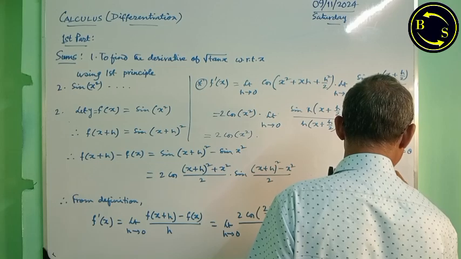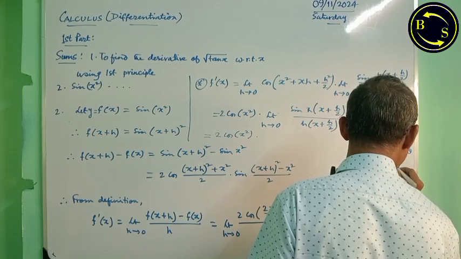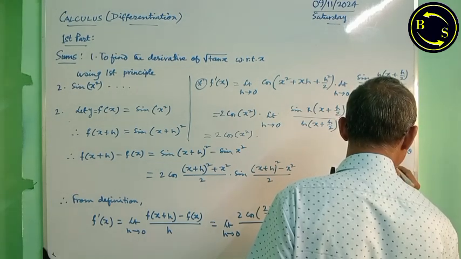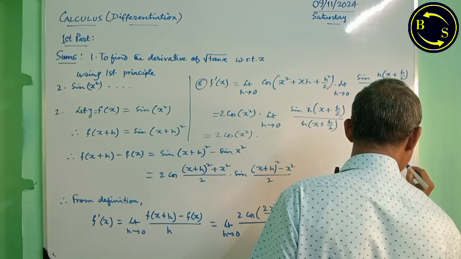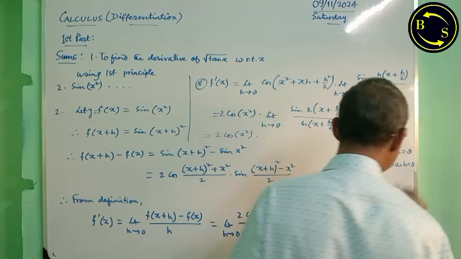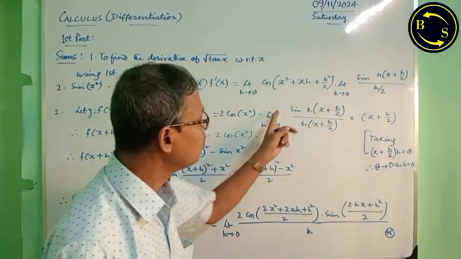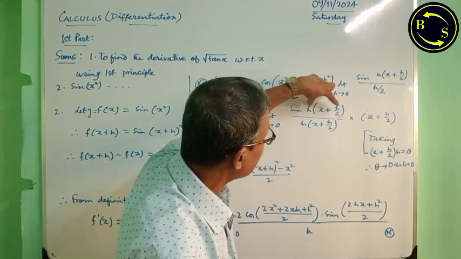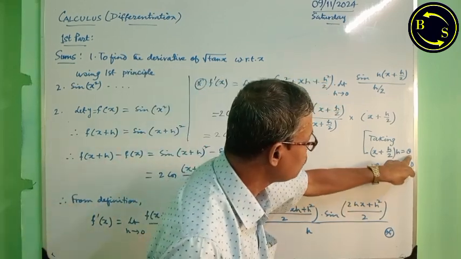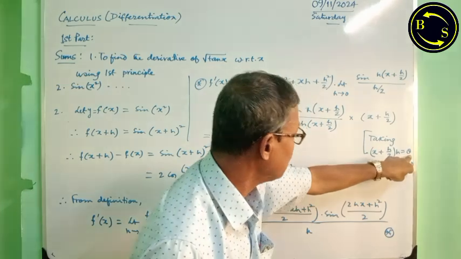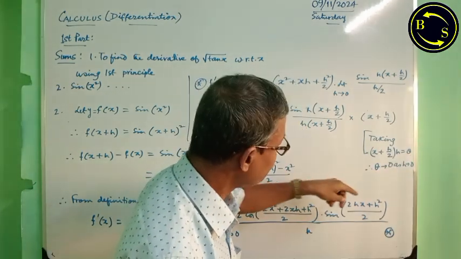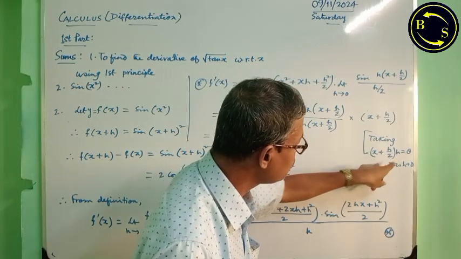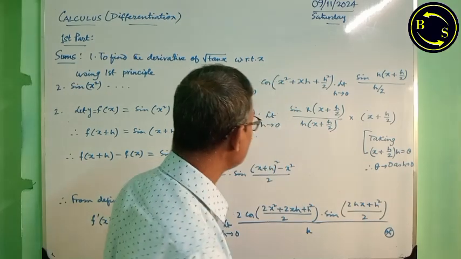Therefore theta tends to 0 as h tends to 0. To calculate this limit, I have taken this angle as new symbol, say theta, new angle. Therefore what we find, as h tends to 0, theta tends to 0.